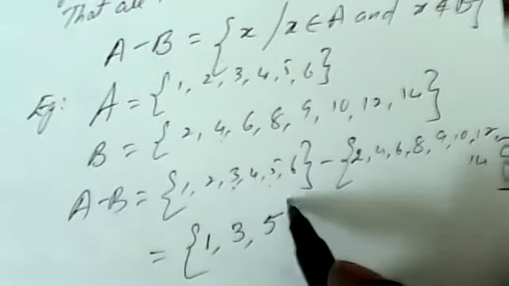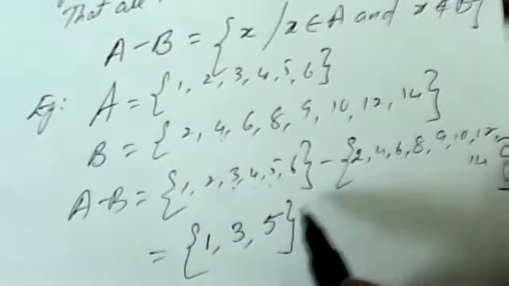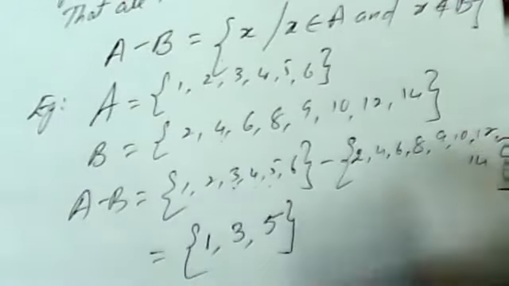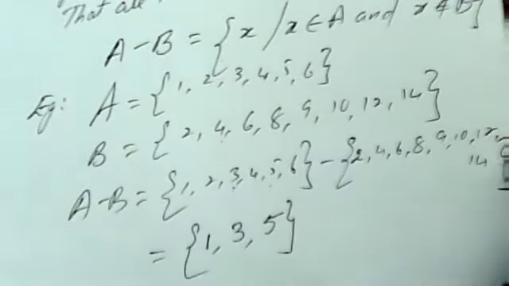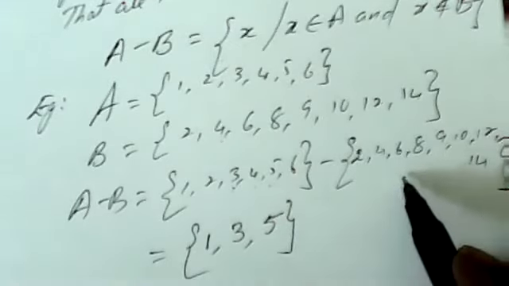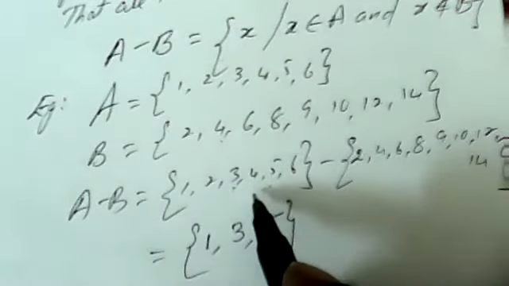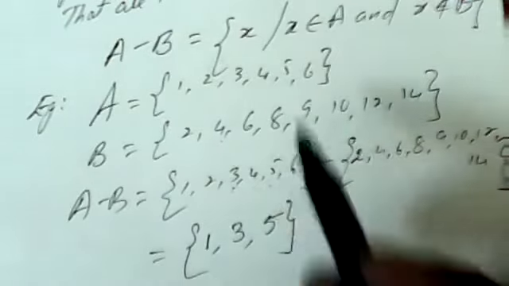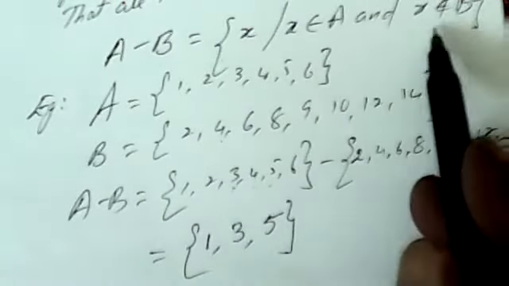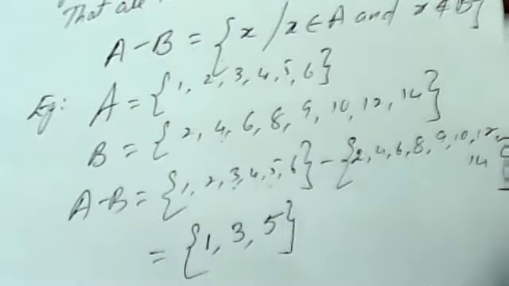8, 9, 10. No, we should not look at these elements. 8, 9, 10 are in B, not in A. 12, 14, ये B में है. They are not in set A. A minus B चल रहा है. Yes. Question says x belongs to A, means set A का ही elements रहना चाहिए. जो B का है वो निकाल लेना चाहिए.